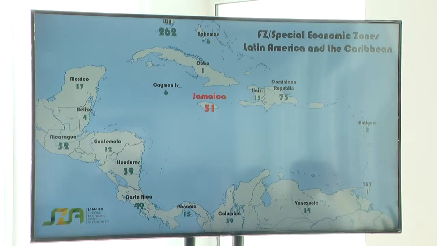Honduras, 39, Guatemala, Nicaragua, Colombia, 39. But even though their numbers are smaller than ours, their zones are much bigger and are much more involved in exports. In fact, in the DR, over 60% of their exports is generated from their special economic zones.